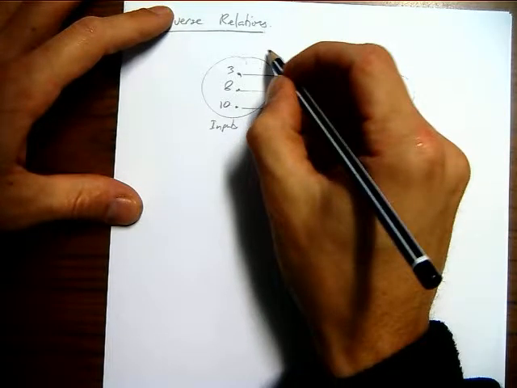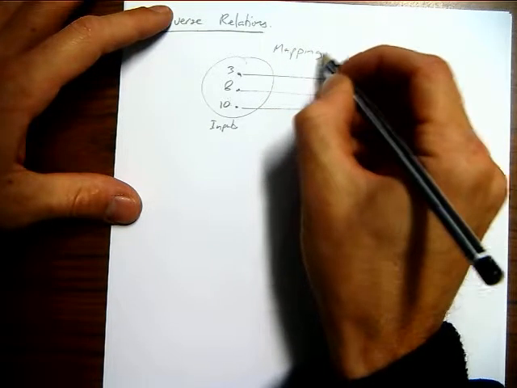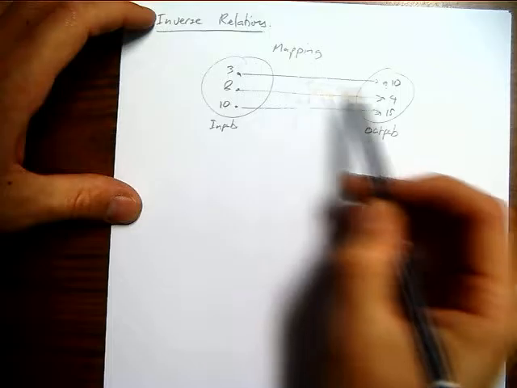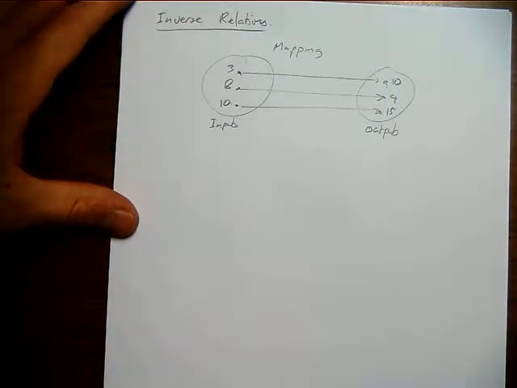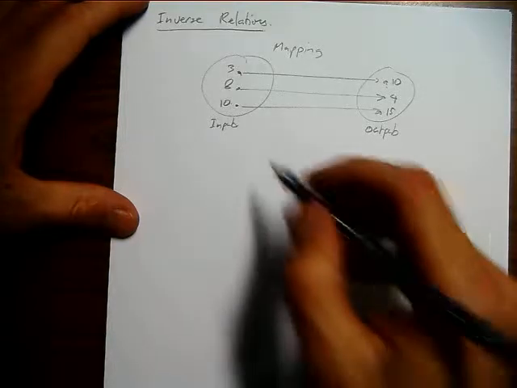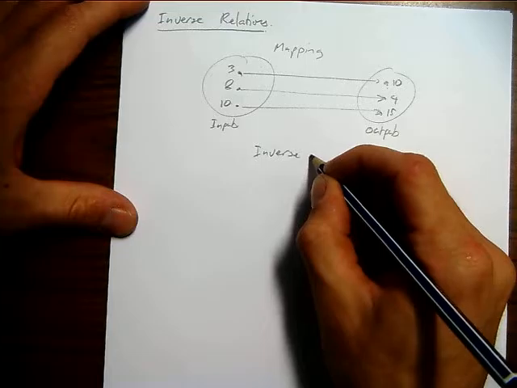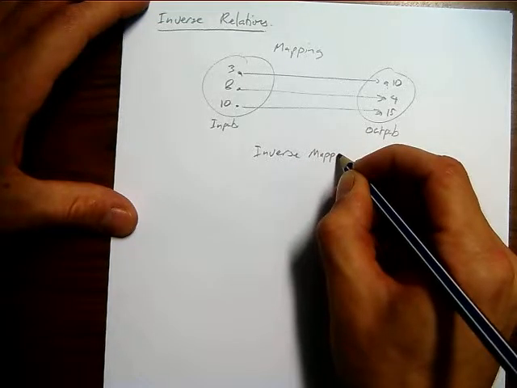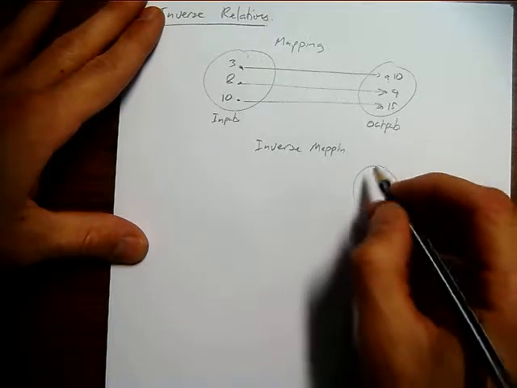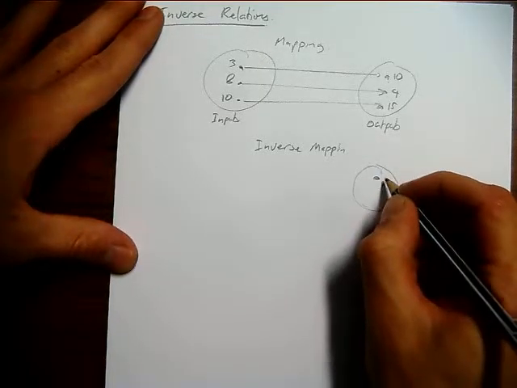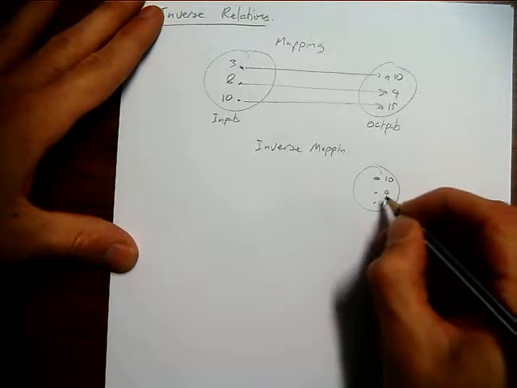Now, we can have what's called an inverse. This is called a mapping. We say 3 maps to 10 and so on. We could also define an inverse mapping. An inverse mapping of this one would have these inputs now: 10, 4, and 15.